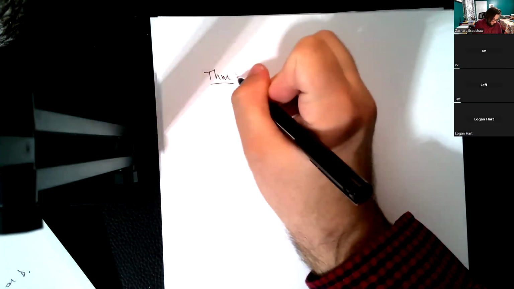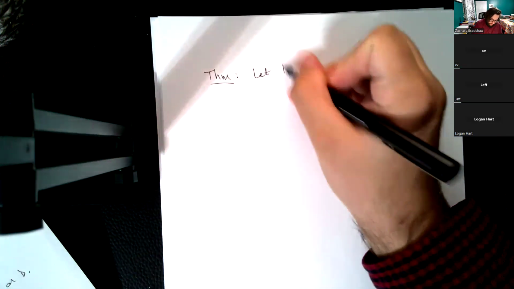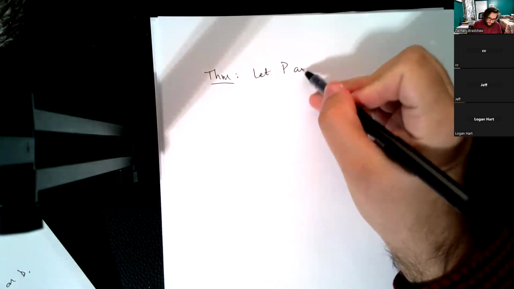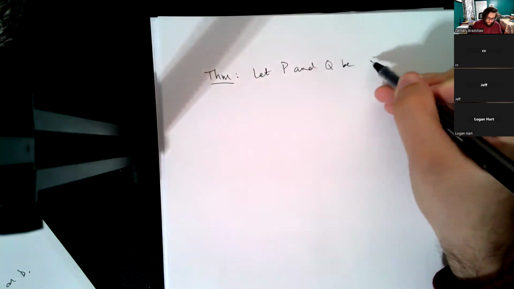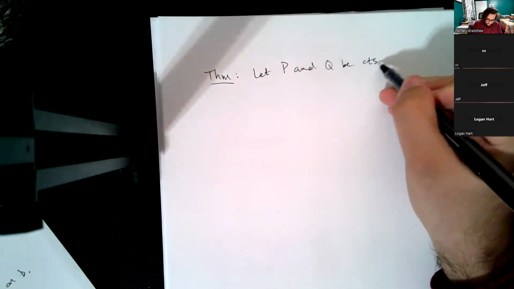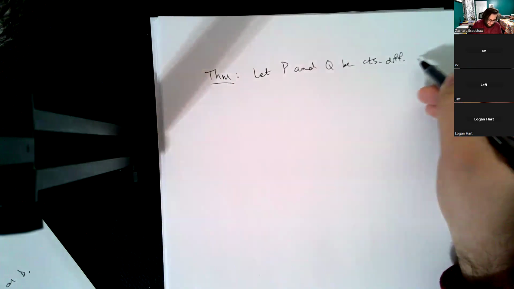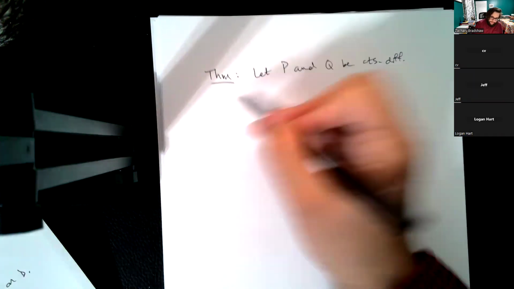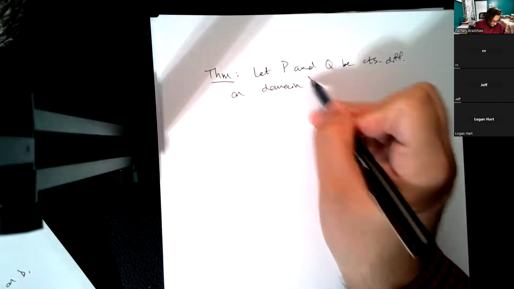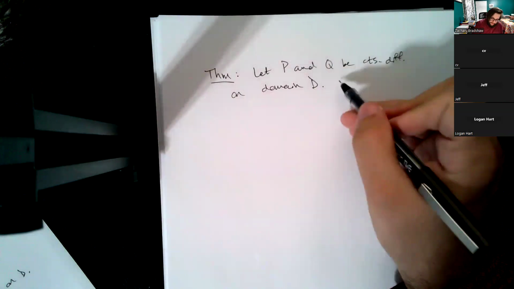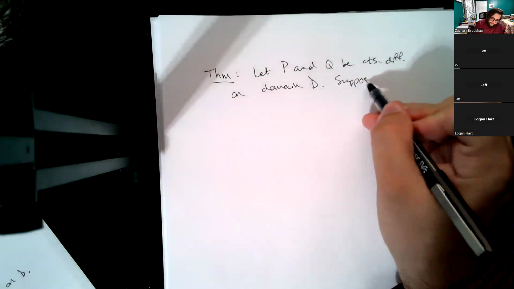Here's another theorem. We're mostly collecting results that we're going to use in the future today. Let P and Q be continuously differentiable, complex valued, on domain D. And suppose that the following two conditions hold.